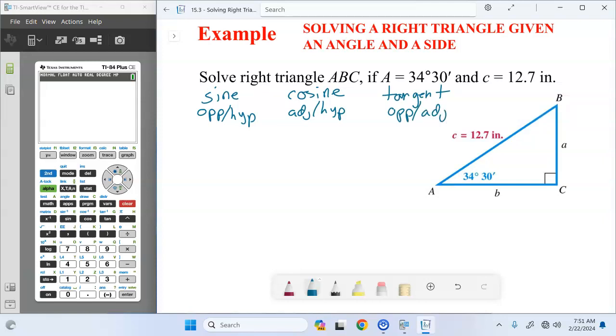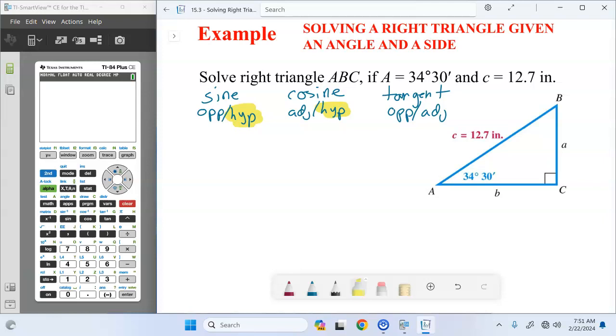We look at what side we know. My hypotenuse is the side that I'm given, so I have to use a trig ratio that includes the hypotenuse. I have to know one part of that ratio. So I'll use sine and cosine both to find the other 2 sides.